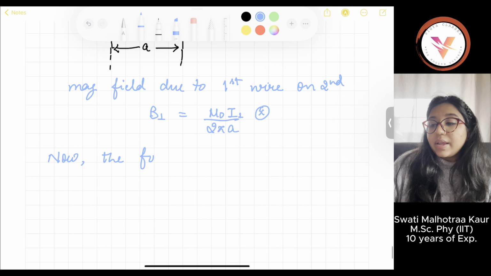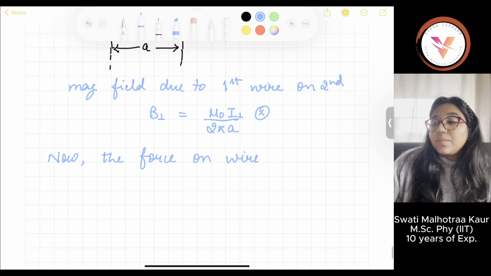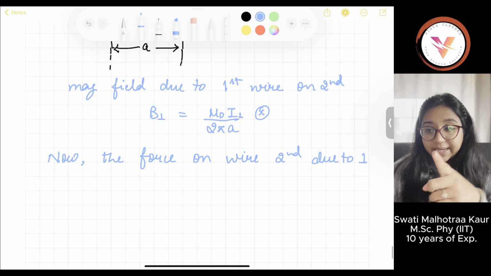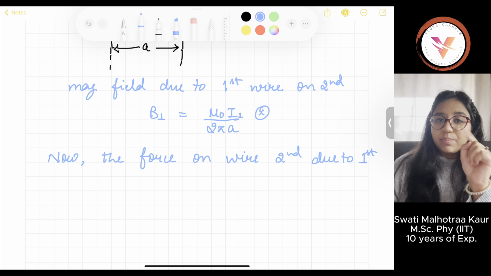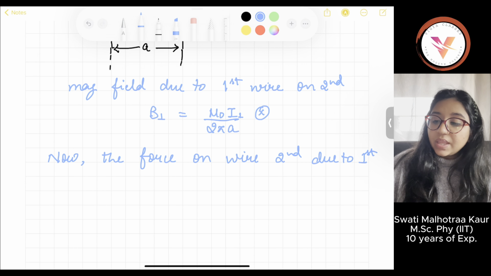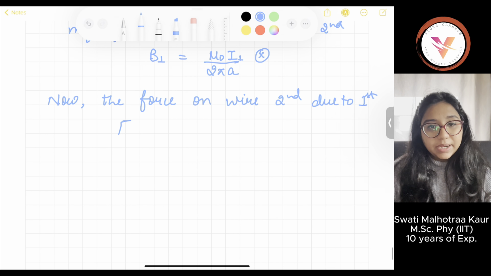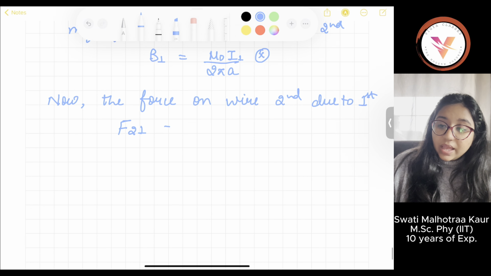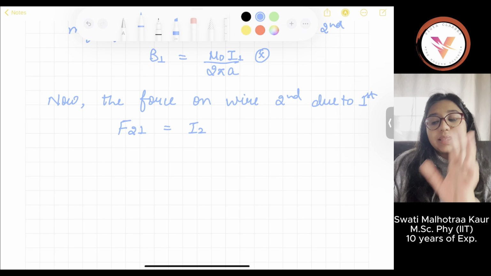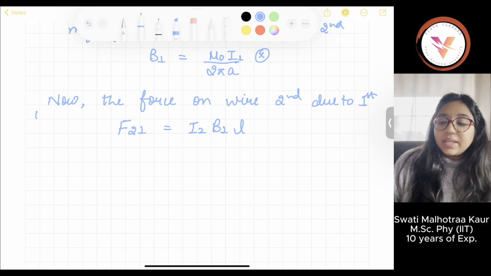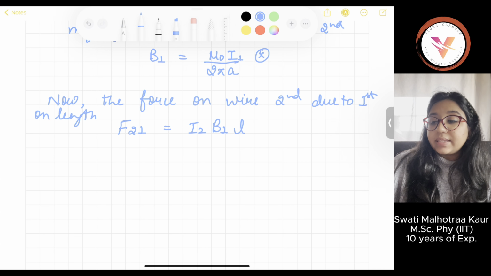Okay, so now you have the magnetic field, and for the force, because you have calculated the magnetic field on second wire due to first, that field will apply force on second wire. That is, force on second wire due to first would be ILB sine theta. I would be I2, B due to first, take length L, and sine theta.